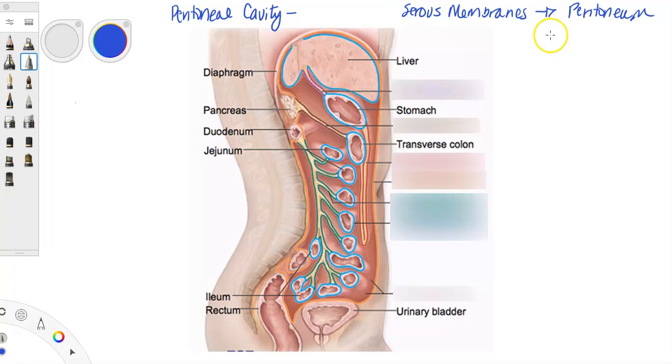And you have the parietal peritoneum and the visceral peritoneum.